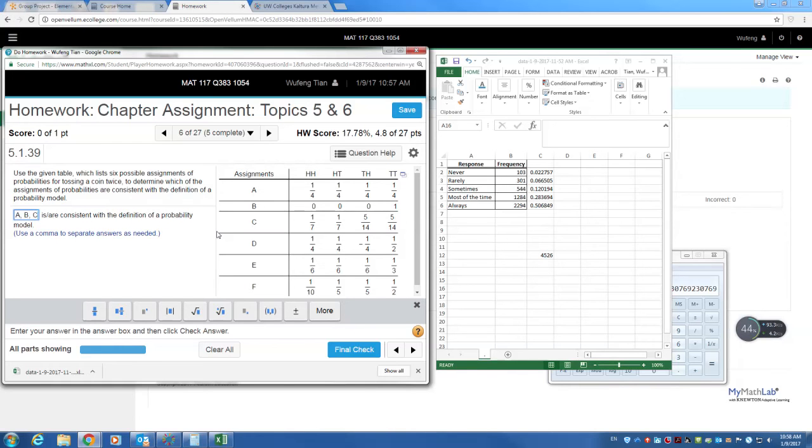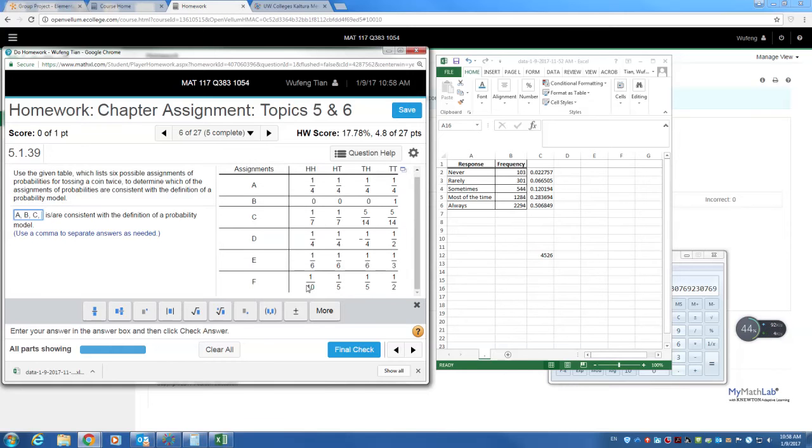D is not right because you have a negative probability. E is 1/6 plus 1/6 plus 1/6, which is 3/6, so it's 1/2 plus 1/3, which is not right. F is 1/10 plus 2/10 plus 2/10, so it's 5/10 plus 1/2, which is 1. Yeah, this is right, so F is right.